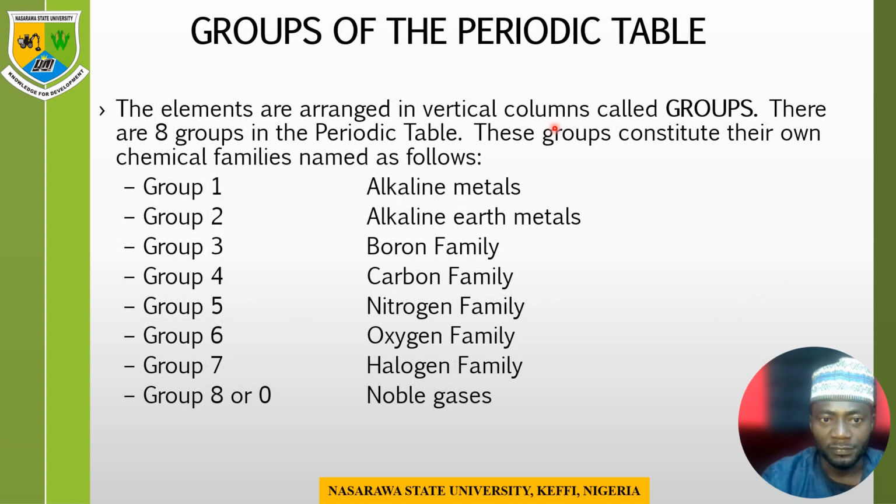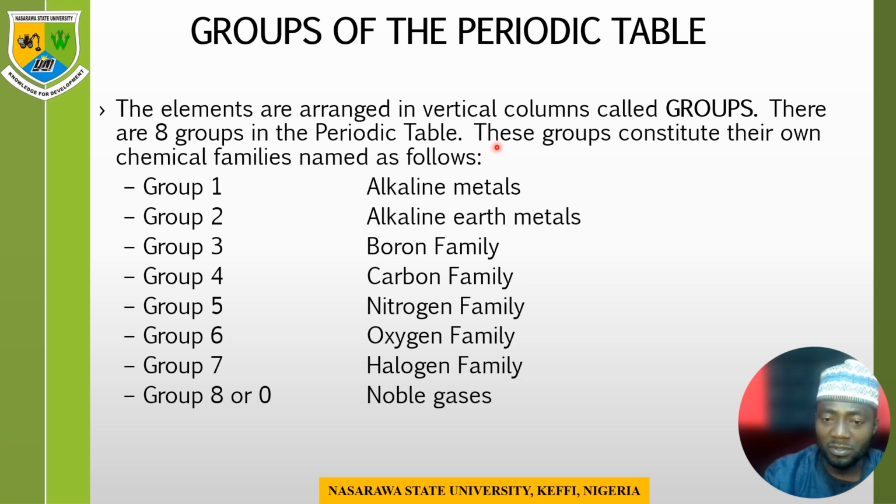Now, the groups of the elements in the periodic table. The vertical columns of the table are called the groups. Elements are placed in the same group because they exhibit the same number of valence electrons. What do you mean by valence electron?